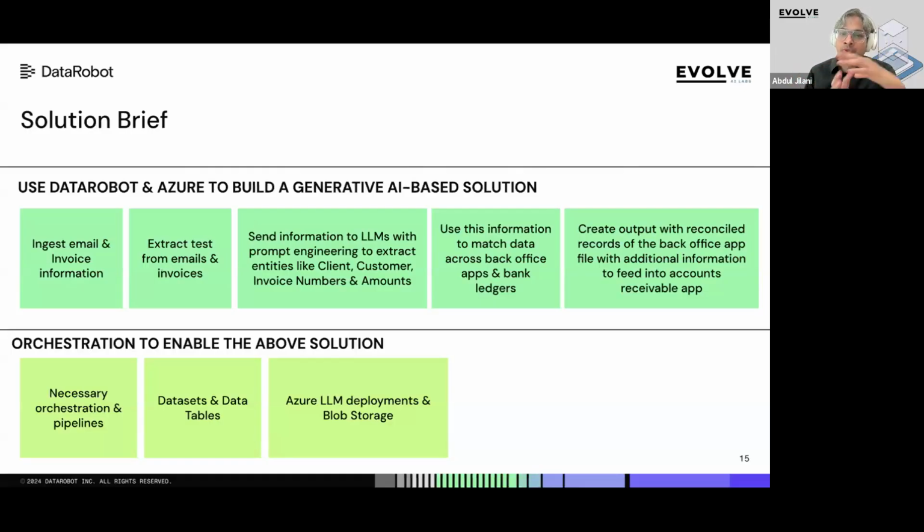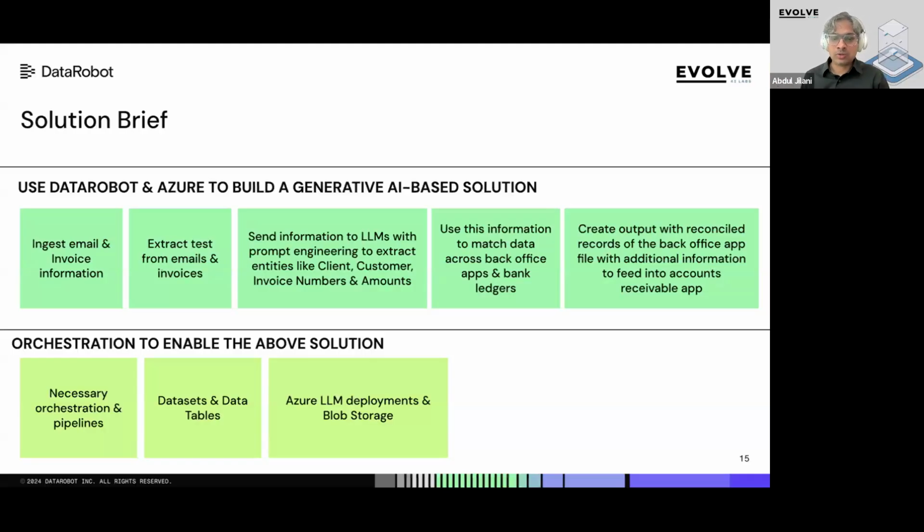Entity extraction to look at all the emails and invoices, and extract the key financial entities like company name, customer, invoice numbers, and the amounts in the line items. And then the second was the resolution or mapping engine, which will take this information and match it to structured data like tables and transaction records and the company names and lookups.